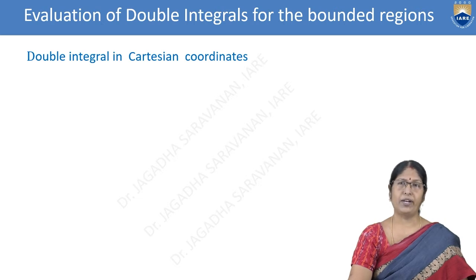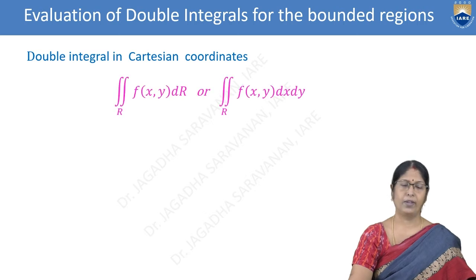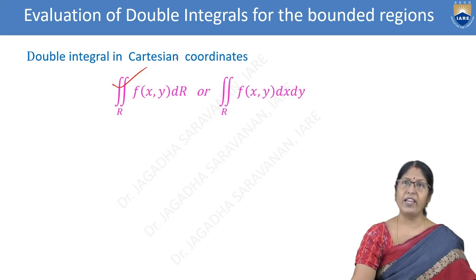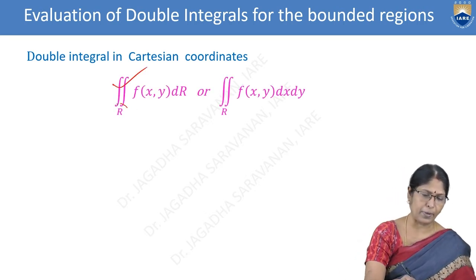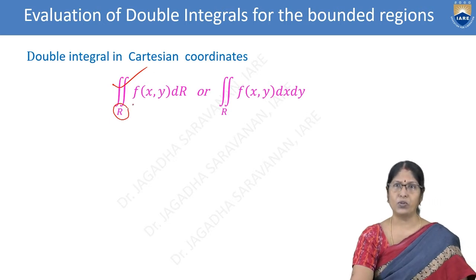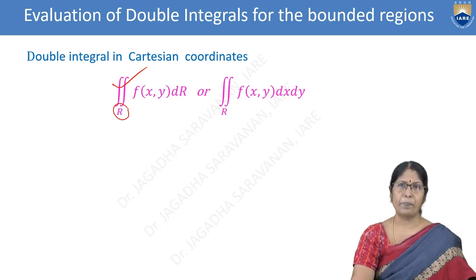A double integral in Cartesian coordinates. What is the formula? The double integral, here the capital R represents the region.